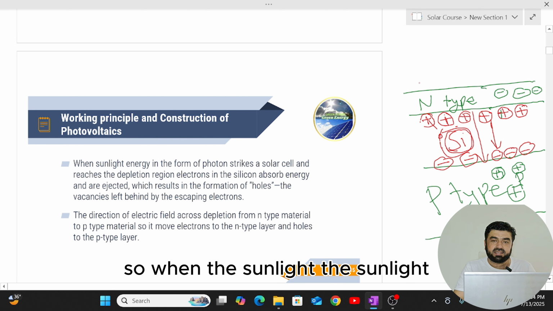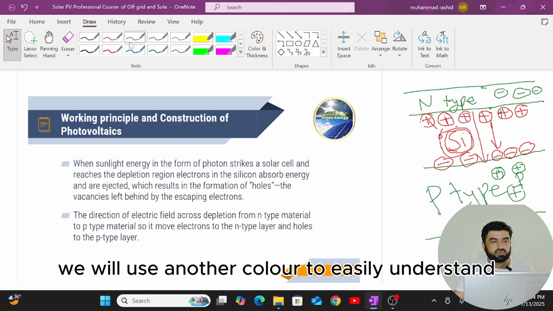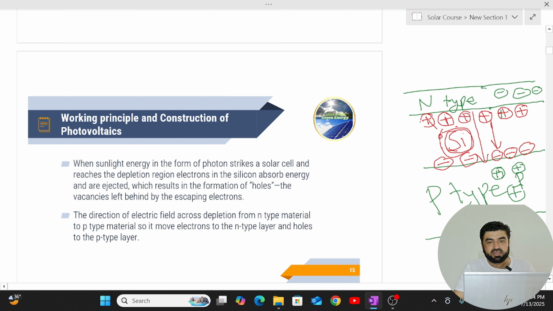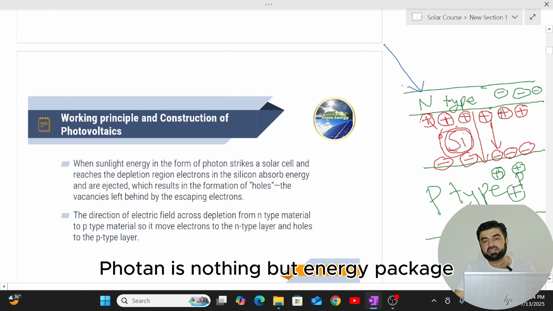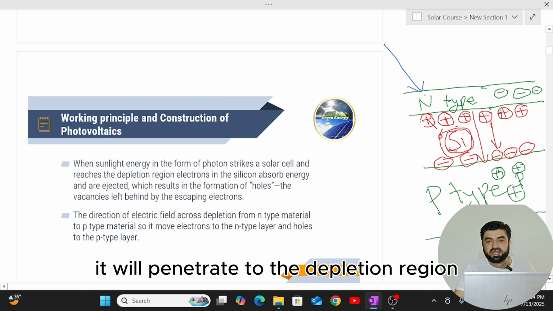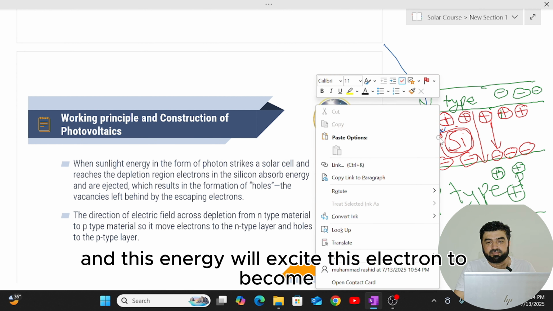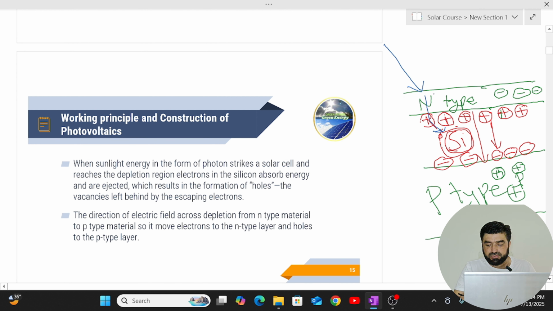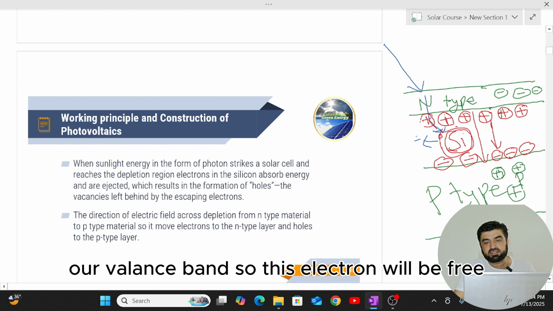So when the sunlight, we will use another color to easily understand, in the form of photons, which are nothing but energy packets, penetrates to the depletion region, this energy will excite this electron to become free from the valence shell or valence band. So this electron will be free.